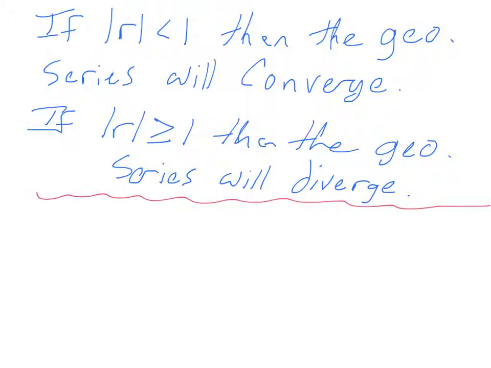Now that we've talked about what it means to diverge or converge, let me ask you a conceptual question. Because this idea of divergence and convergence, we usually talk about it with respect to geometric series, but the idea applies to any infinite series.